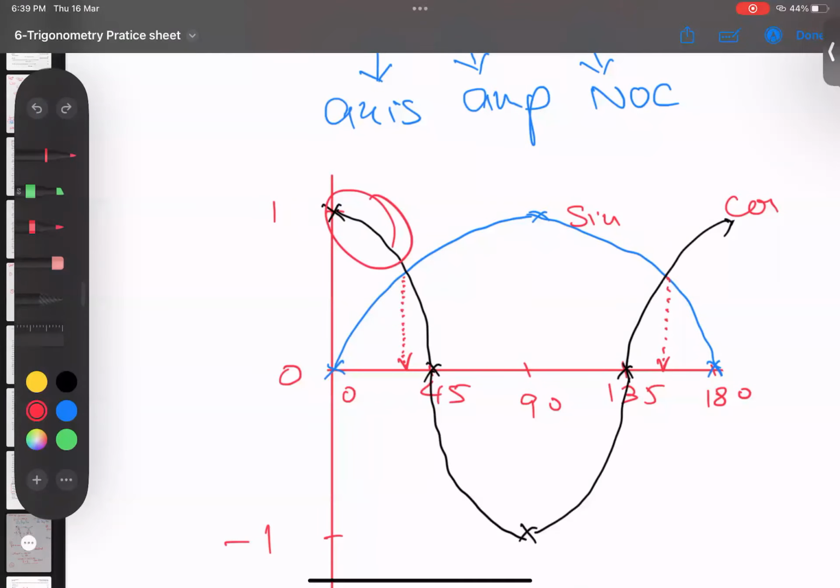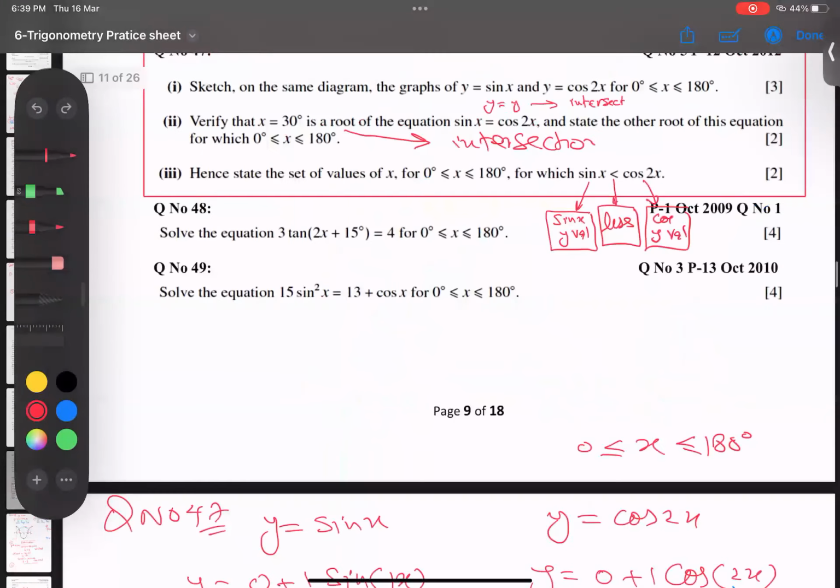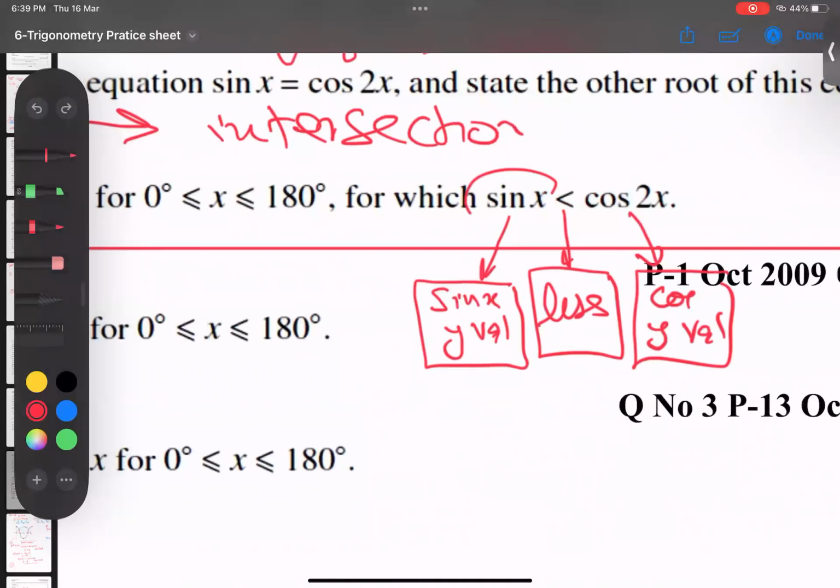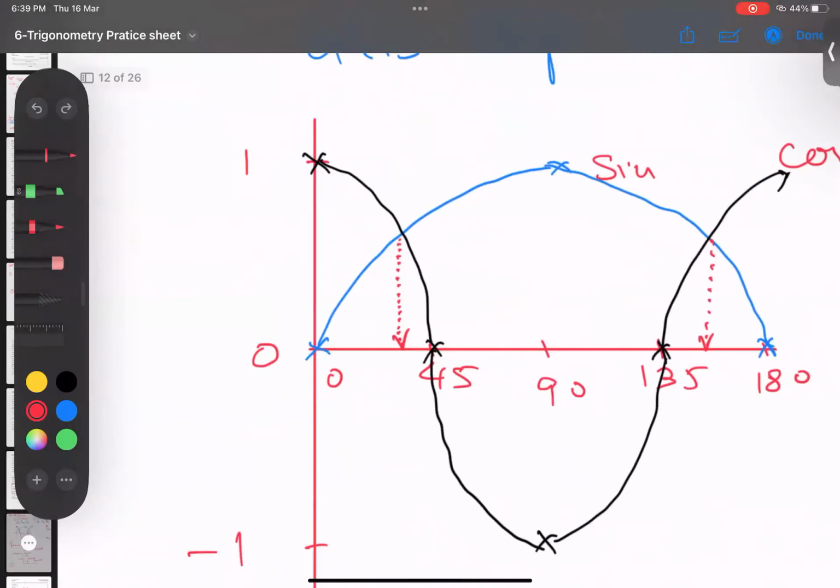Very clear sense, you can see that. This black curve is above and the blue curve is below. So the black curve means the cos value is higher and the sine value is lesser. But what question is he asking? He is saying the sine value is less than cos. So I think it's satisfying here.